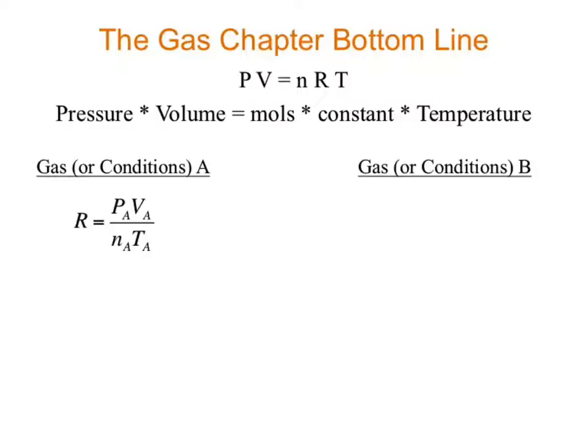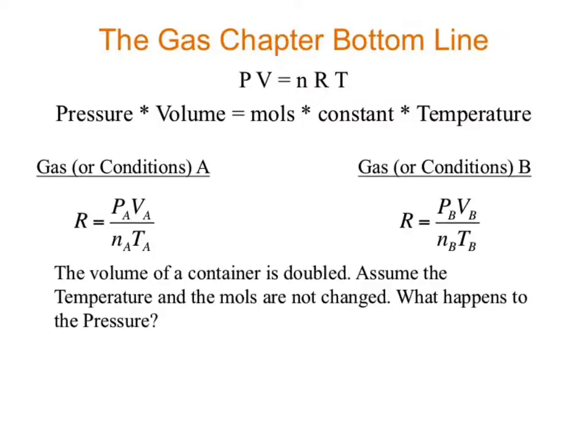What will the R value be? The exact same thing. Why is that now helpful? What can I do with these? Set them equal to each other. I can now build a relationship between these two systems: pressure A, volume A, moles A, TA equals pressure B, volume B, NB, TB.